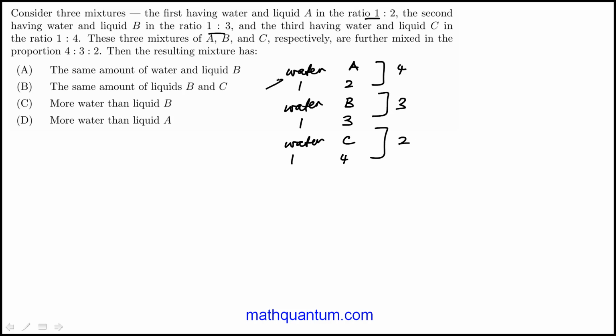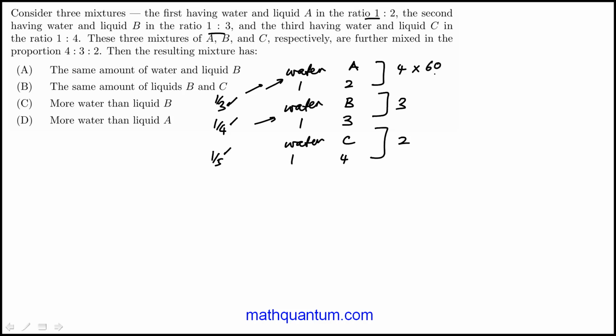So when we have to compute the amount of water, here water would be 1/3, and here 1/4, and then 1/5. What I want to do is pick a multiple that is divisible by all of 3, 4, and 5, which is their least common multiple, 60.